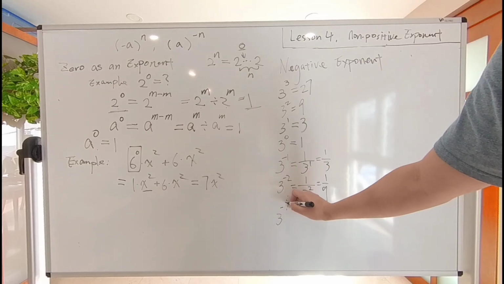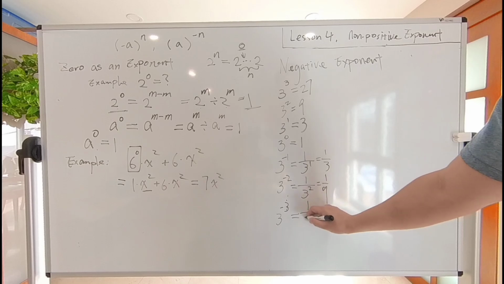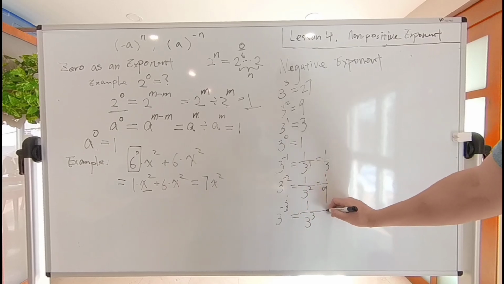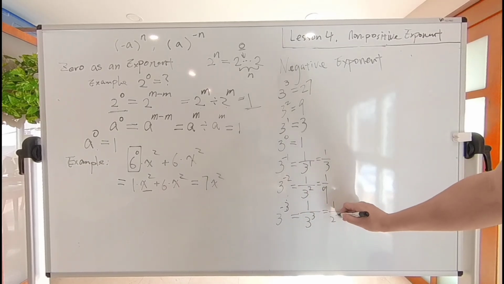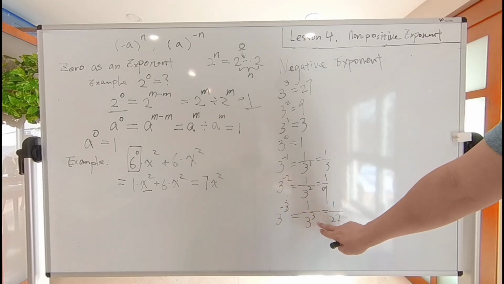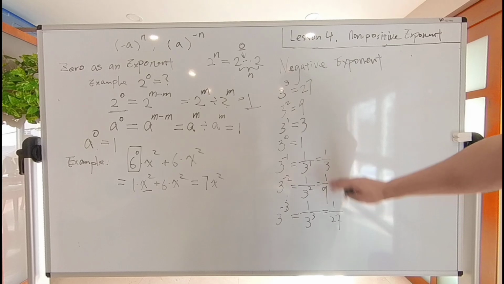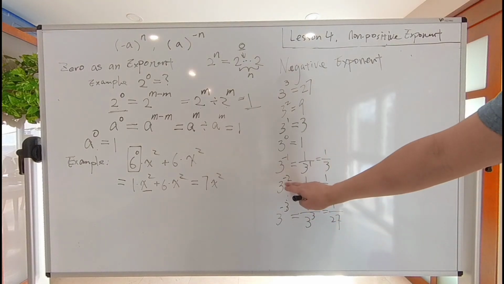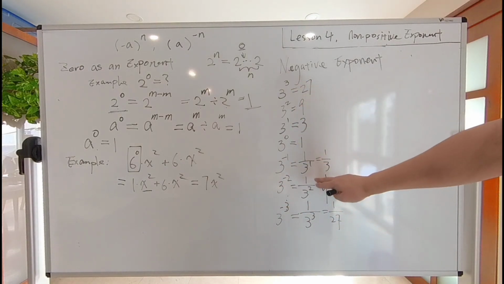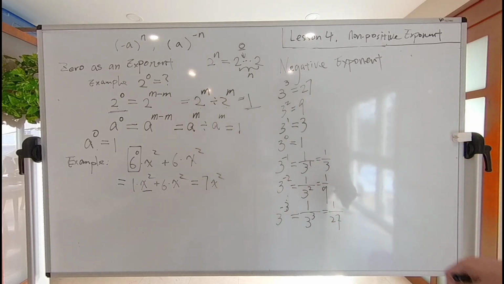Let's write one more term. 3 to the power of -3 is 1 over 3 cubed, and it is 1 over 27. Now you probably see the pattern. The positive powers give you numbers like 3 or 9 or 27, but the negative exponents seem to flip your results into a fraction. So here's the definition.